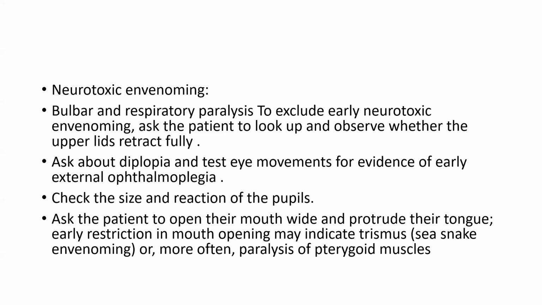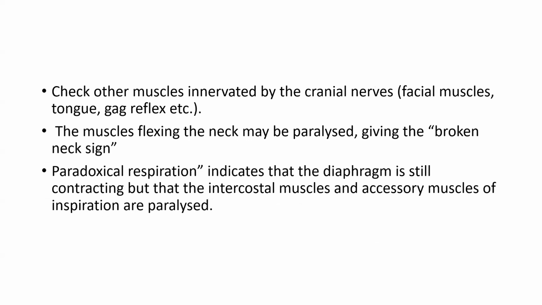Early restriction in mouth opening may indicate trismus, or more often paralysis of pterygoid muscles. Check other muscles innervated by the cranial nerves, like facial muscles, tongue, and gag reflex. The muscles flexing the neck may be paralyzed, giving the broken neck sign.